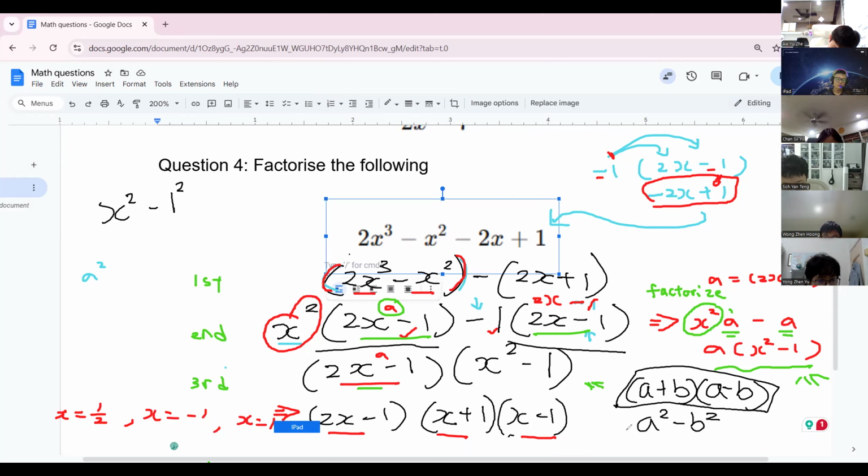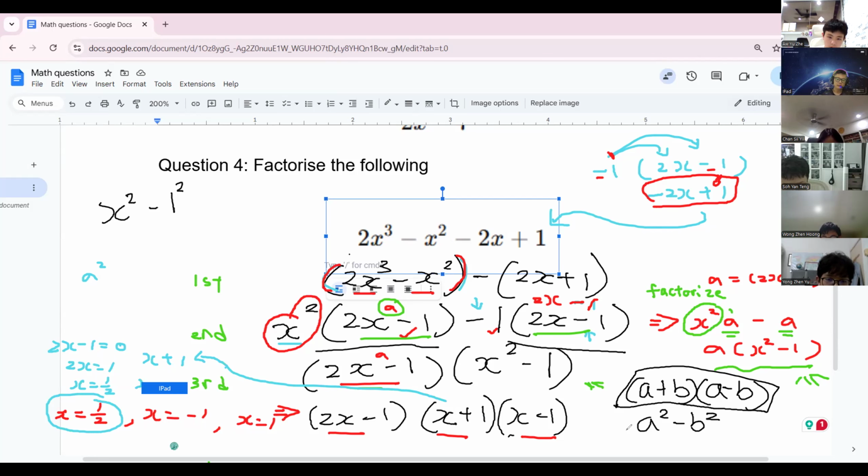Then you will say, teacher, how do I get x equal to 1 over 2? Because 2x minus 1 equal to 0, 2x equal to 1, x equal to 1 over 2. This one is also the same: x plus 1 I get from here, so x equal to negative 1. Another one is from here, x minus 1 equal to 0, x equal to 1.